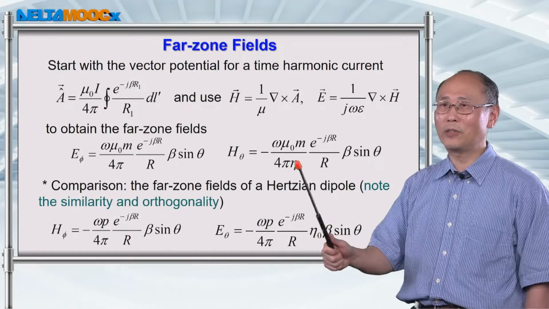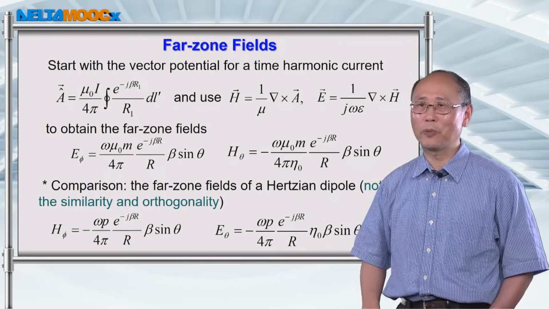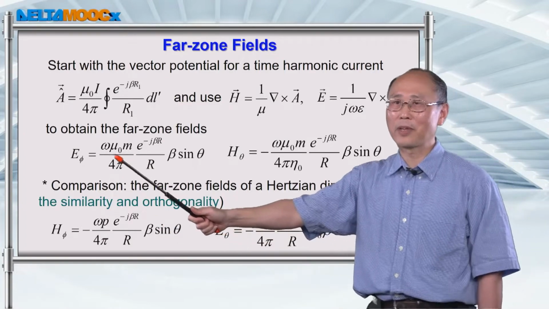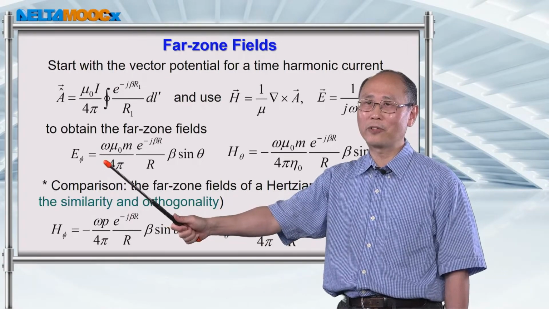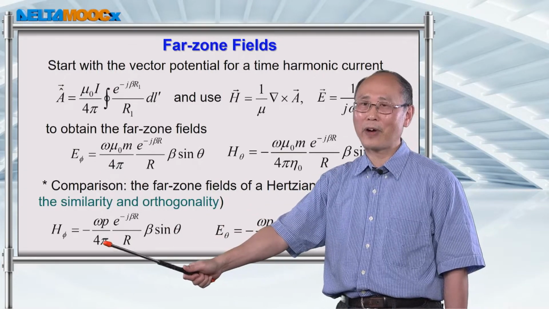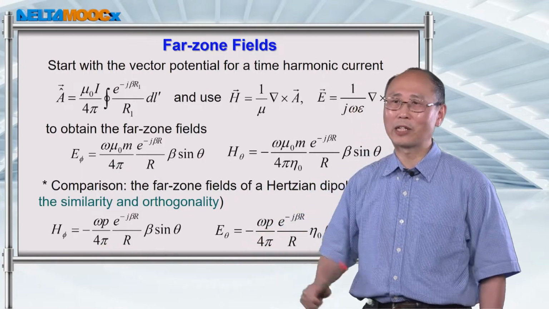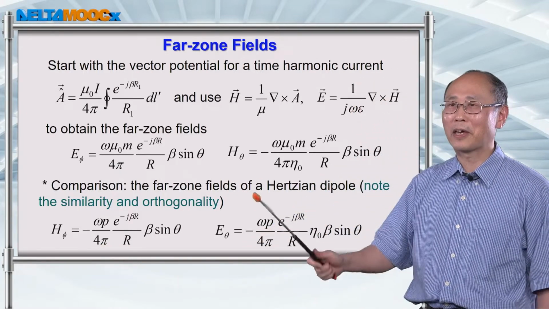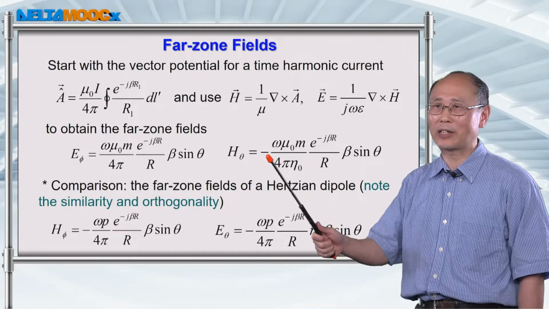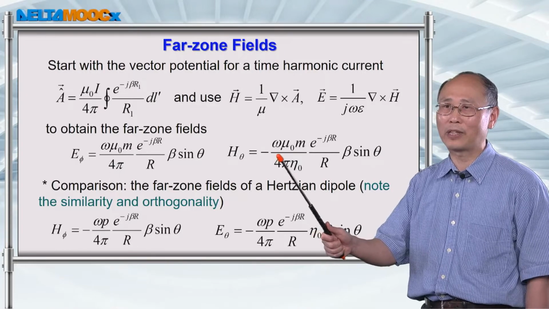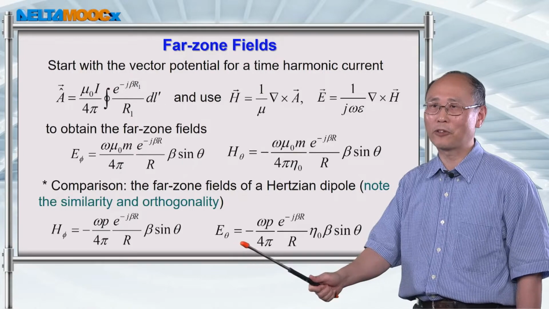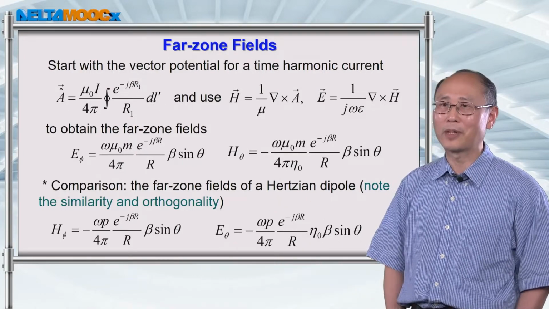If you compare these two field components with the field components derived from the Hertzian dipole, you see that the phi component of the electric field for the magnetic dipole is very similar to the phi component of the magnetic field derived from the Hertzian dipole. And the magnetic field along the theta direction for the magnetic dipole antenna is very similar to the theta component of the electric field derived for the Hertzian dipole.